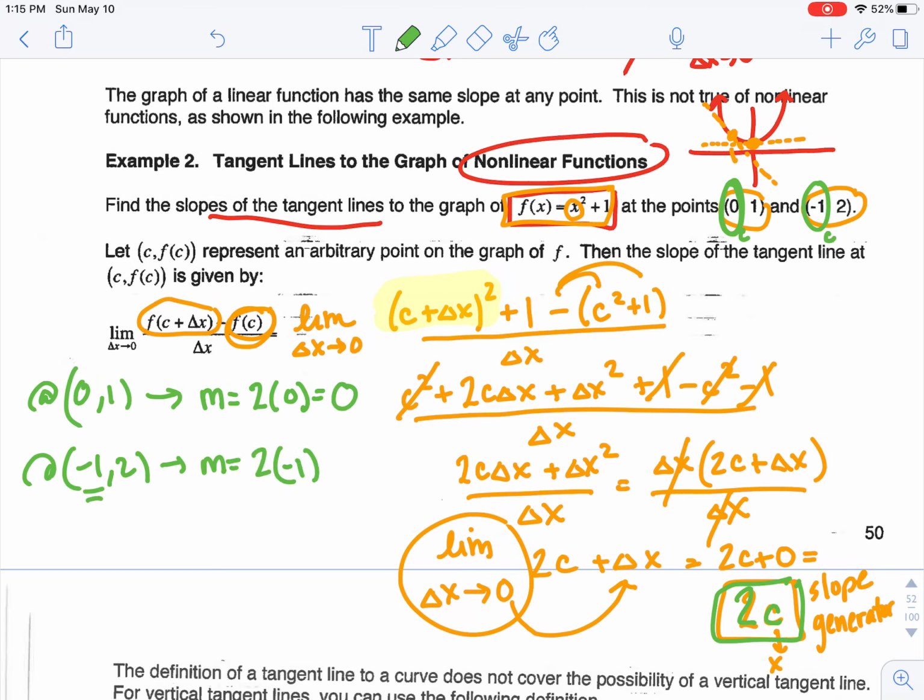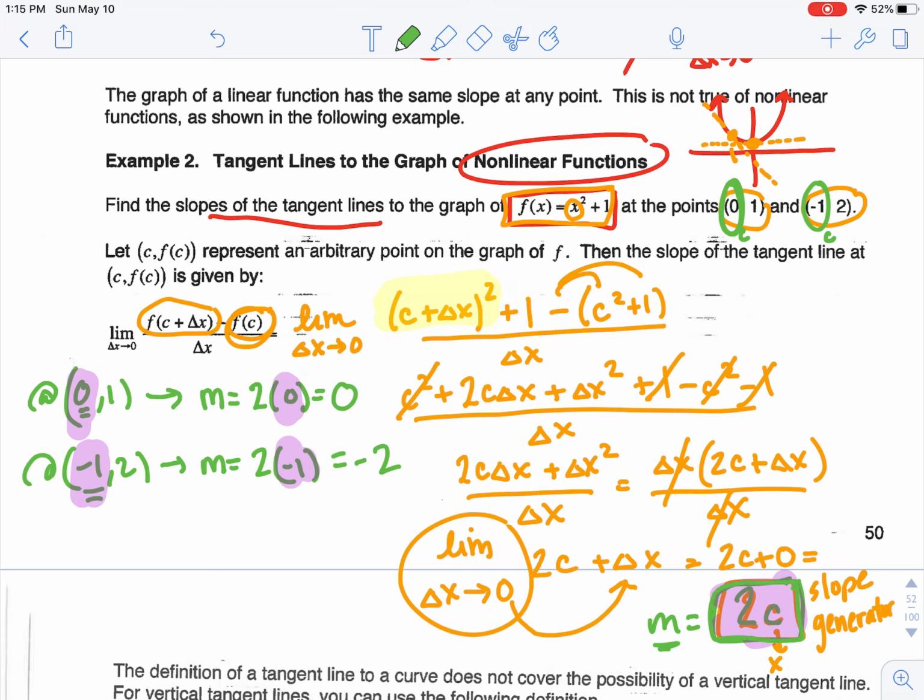I'm just plugging in the x values here. Hopefully that makes sense, that I'm taking that x value and plugging it into my slope generator for c, and that's going to give me the slope. So if you will, this equation that I get here is just m.